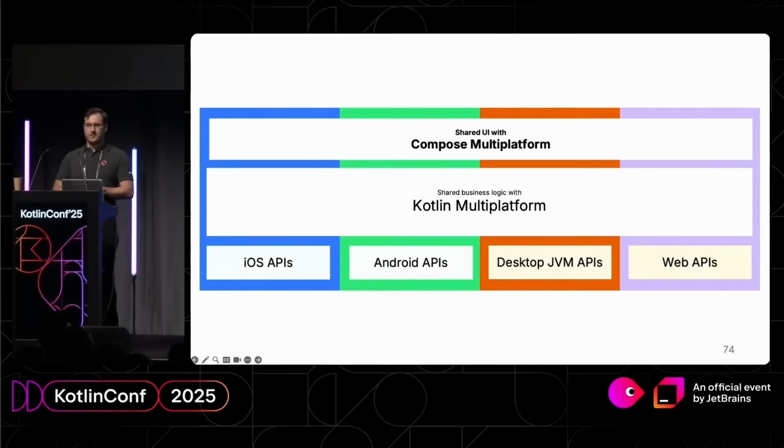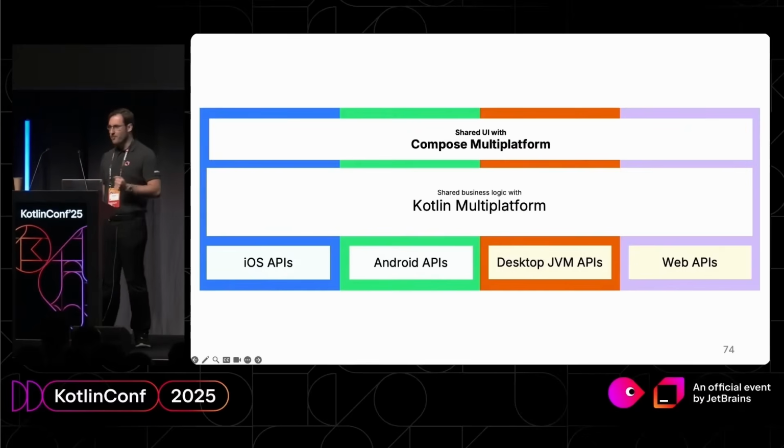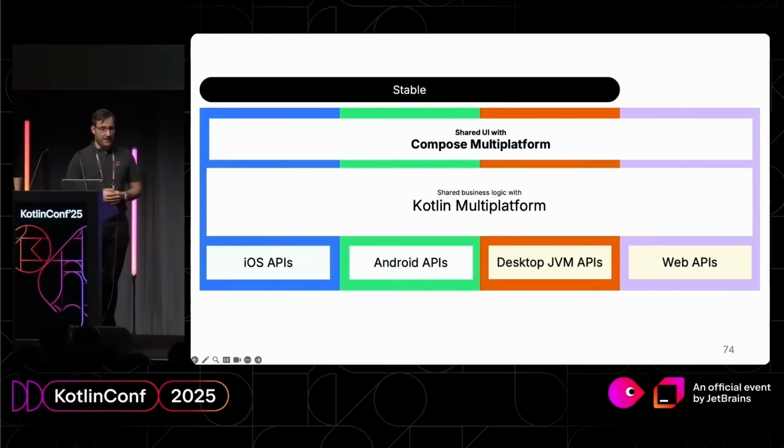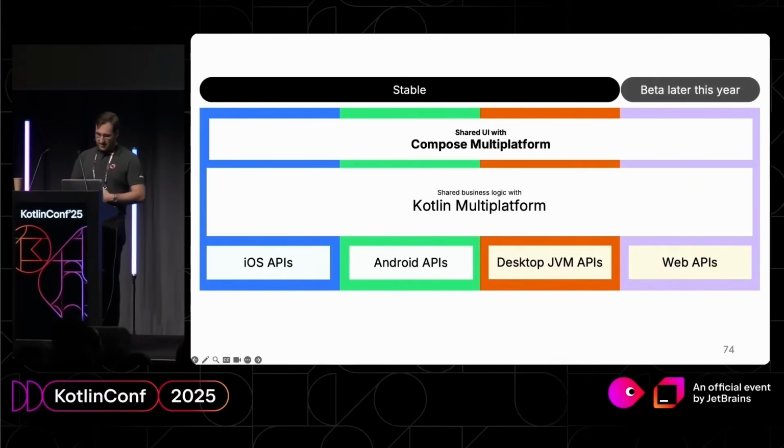Now, of course, we also keep up with Jetpack Compose in general, so as new features come in, you also receive those as part of Compose Multiplatform just a tiny little bit later. We now have 3 targets that are stable and production ready. That's desktop, Android, and iOS, and web is going beta later this year, which is also one of the things that we're still pouring a whole lot of heart and soul into to make sure it becomes really, really good.